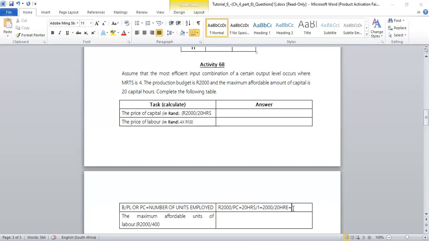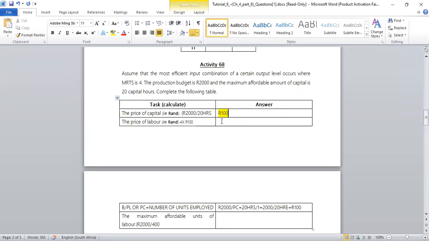So my PC would be equal to 2000 divided by 20, which is giving me how much? 100 rand. This is a derivative of this calculation. So basically, 2000 divided by 20 hours is giving me 100 rand.